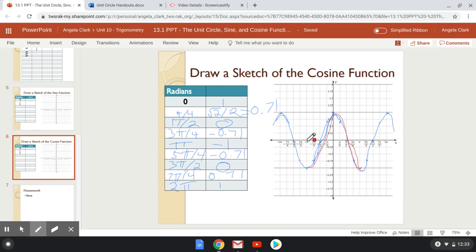You can see, this to this would be a period, and that's 0 to 2 pi. This is negative pi to positive pi. So negative pi to positive pi is 2 pi. So period is always going to be 2 pi for cosine if there aren't any transformations. And then again, the amplitude would be 1 minus negative 1 is 2, divided by 2 is 1. So the amplitude is 1.